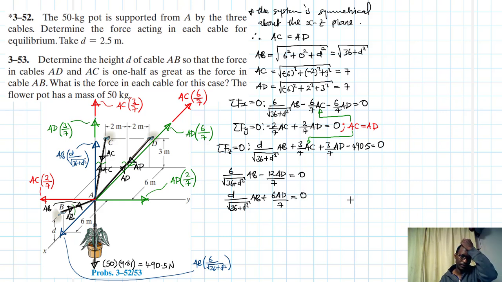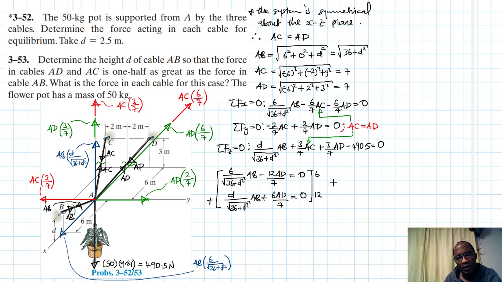Alright, so now we can work out these two before I move to the case. We'll multiply there by 6 and here by 12, and then we'll sum them up.